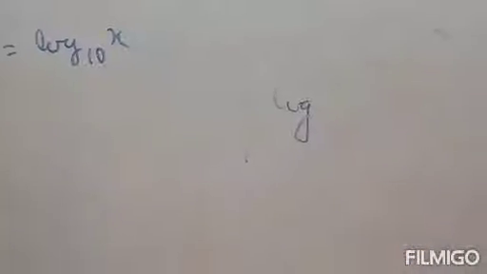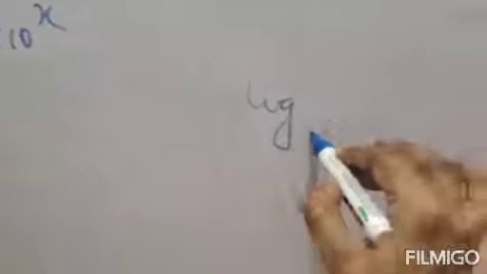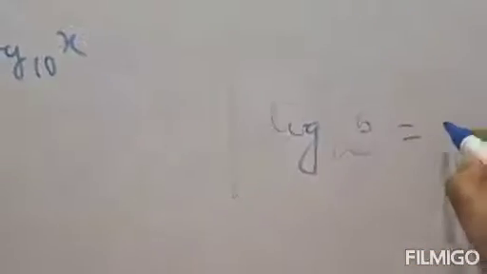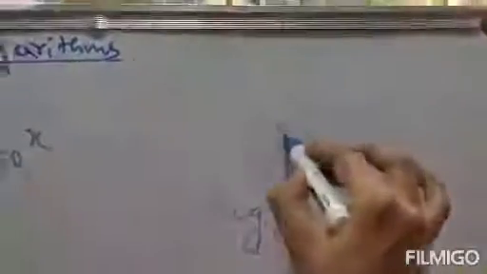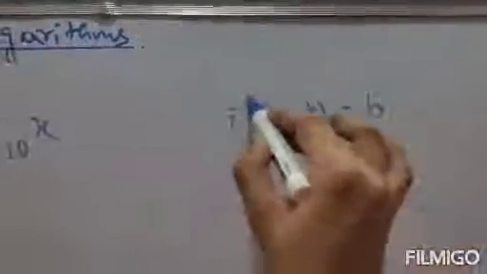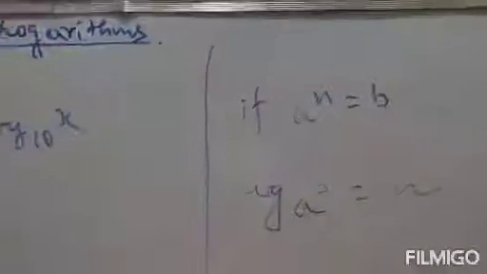The formula was log a base b equals n. We can write log a base b equals n if a to the power n equals b. That was the formula of exercise 9.1: only if a to the power n becomes b can we write log a base b equals n.